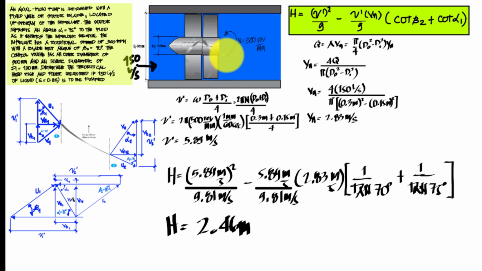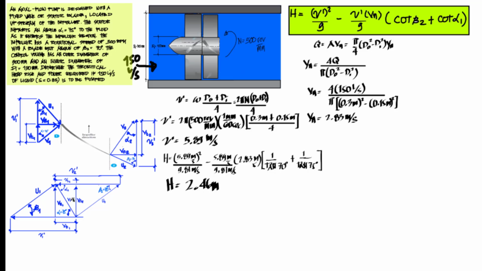That will be the rise of head, or how much is the pressure being discharged by the axial pump. Now to determine the power, the power required, which is called the water horsepower.